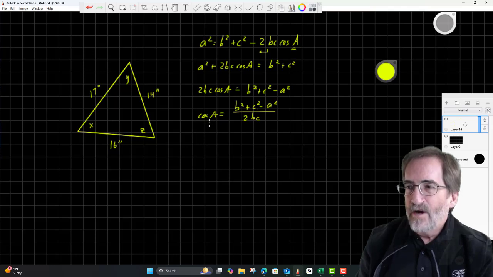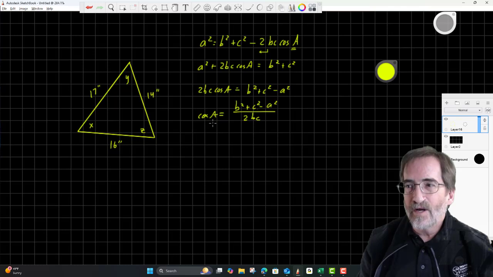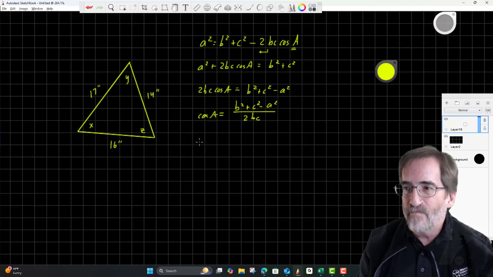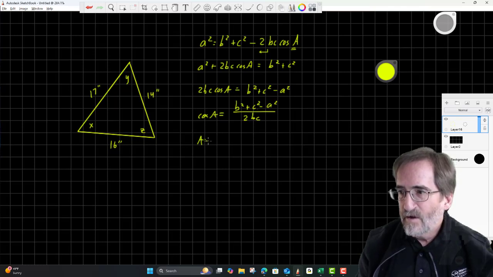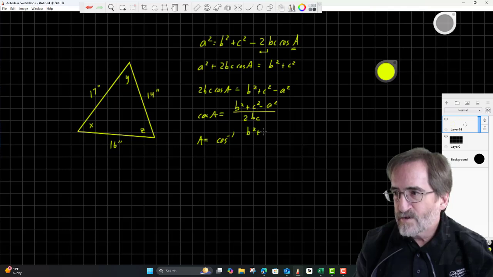Okay? And now we have cosine of A, and what we want to do is find A. If you recall, to get rid of cosine, to un-cosine, we use inverse cosine or arc cosine. So A equals arc cosine, that's cosine with a little -1, of b squared plus c squared minus a squared all over 2bc.